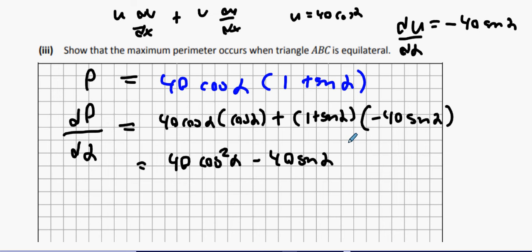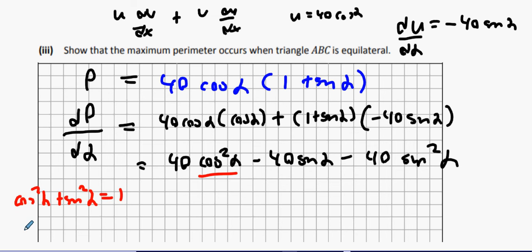Now, the problem with this type of equation is that there's two variables. So I'm looking at cos squared alpha there, and I'm thinking cos squared alpha plus sine squared alpha equals 1. Therefore, cos squared alpha on its own is 1 minus sine squared alpha, right? And to save myself writing another line, I'm just going to change that into 1 minus sine squared alpha.